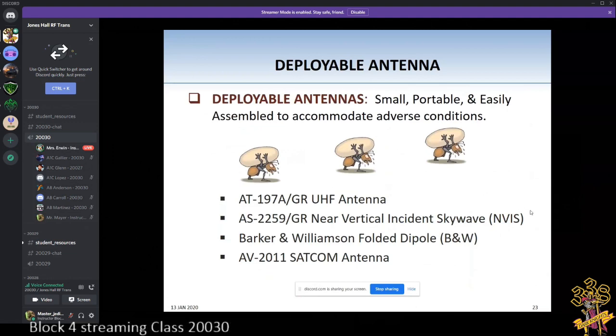The ones that you're going to be doing in class are the 197A UHF antenna, which looks like a little umbrella that goes up on top of the mast; the 2259 near vertical incident skywave antenna, or the NVIS; the Barker and Williamson folded dipole antenna, or the B&W; and then your AV 2011 SATCOM antenna.